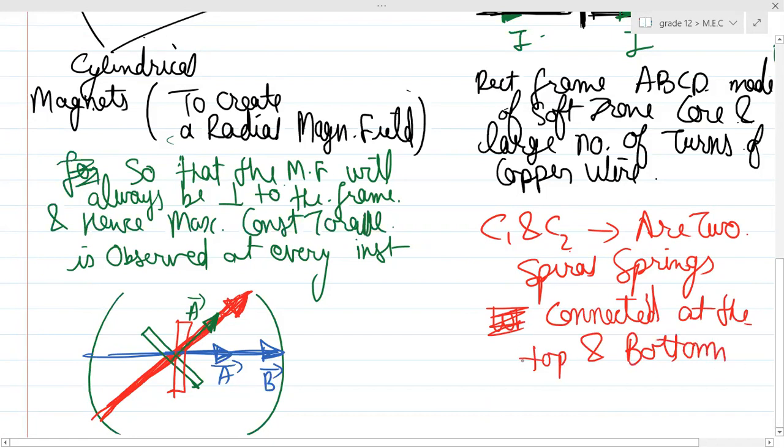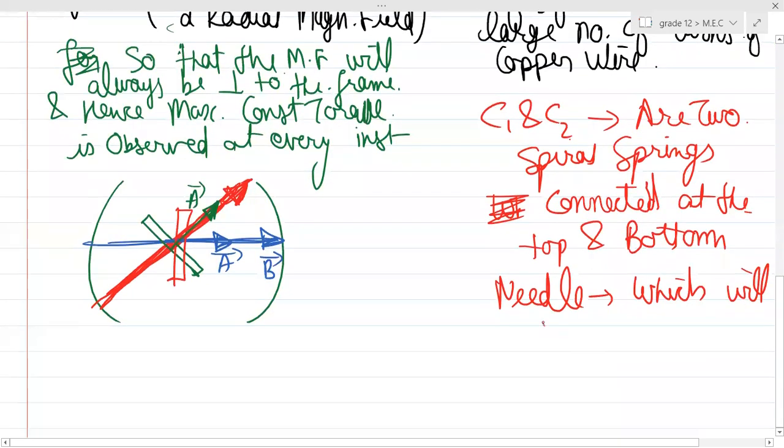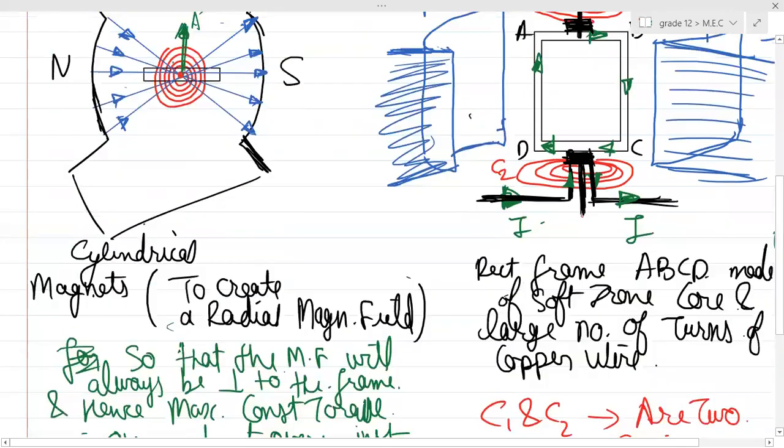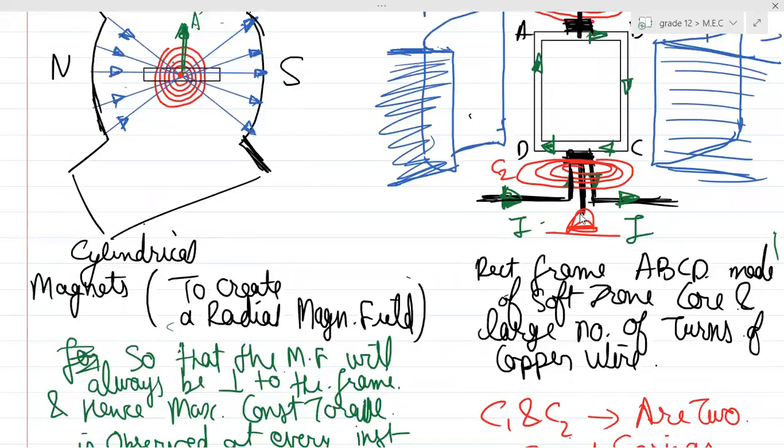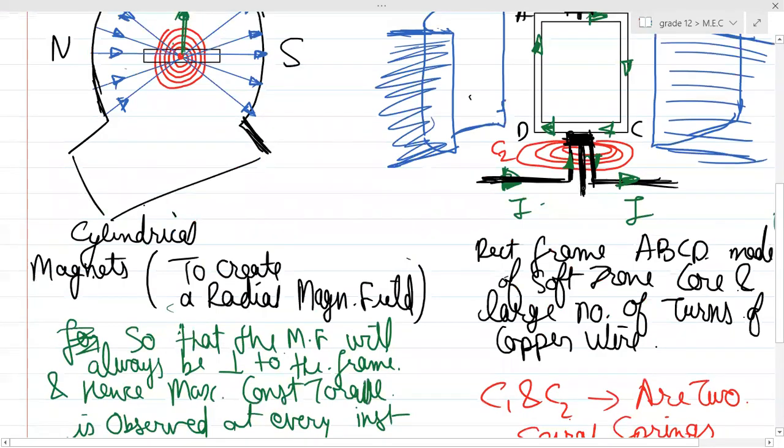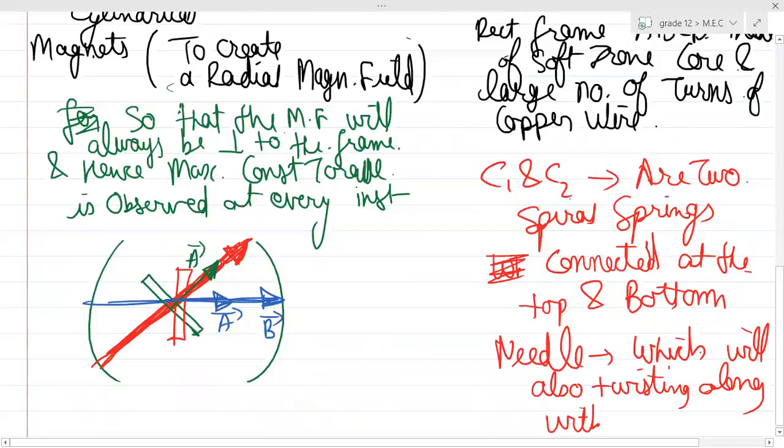And there will be a needle as well, which will be pointing in the direction of current. It will also be twisting along with it. So this is the construction.